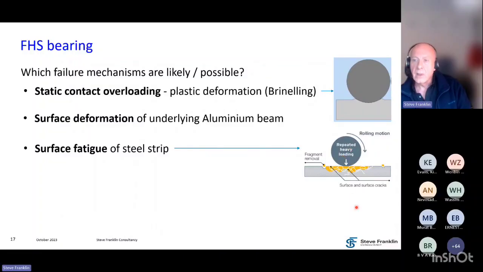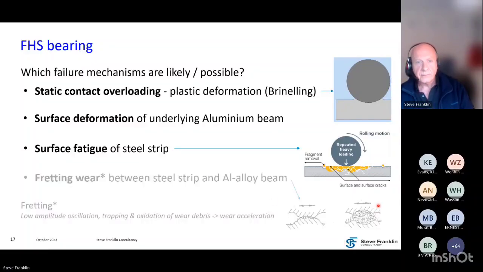When you roll over a surface, there doesn't need to be a static overload of the surface, but if you roll back and forth over the same surface many times, then you can start to form cracks beneath the surface that then extend towards the surface, and finally you start getting pieces of material that simply come loose and fall out of the surface. So that could be a possibility.